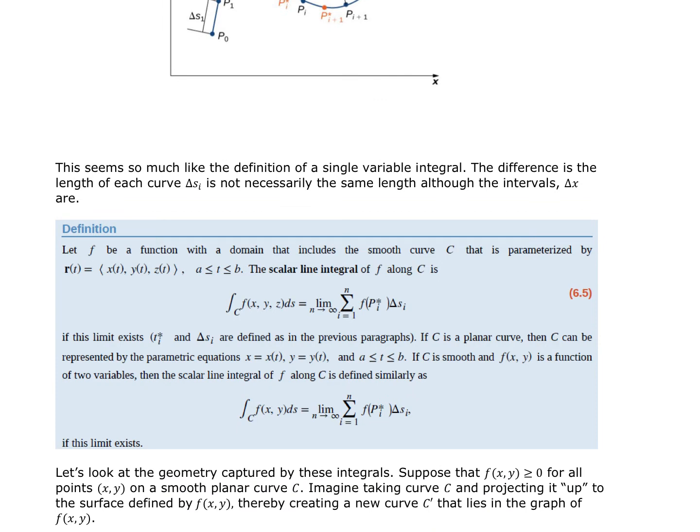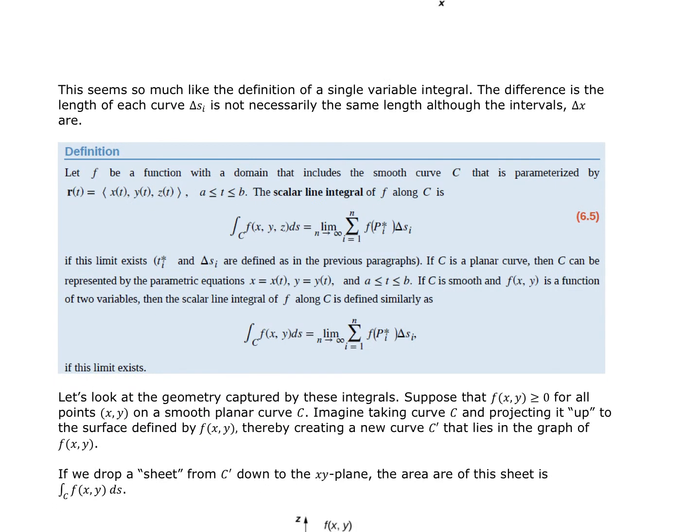The way that we're going to slightly alter it is we're going to say let f be a function with a domain that includes a smooth curve C that is parameterized by r of t, where x is a function of t, y is a function of t, and z is a function of t from a to b.